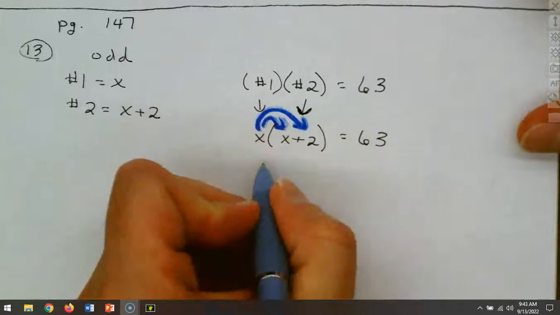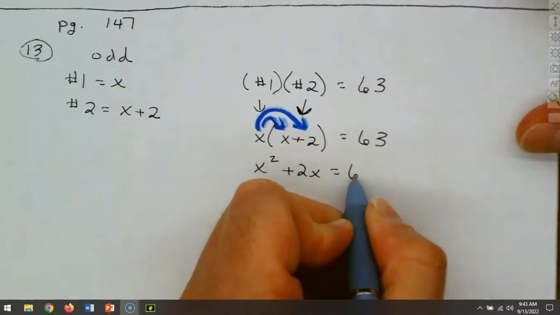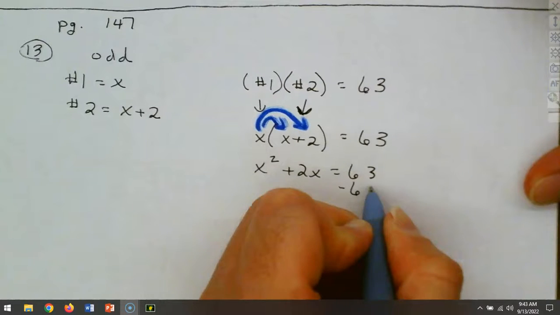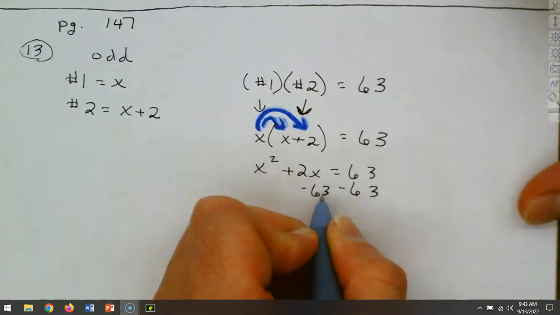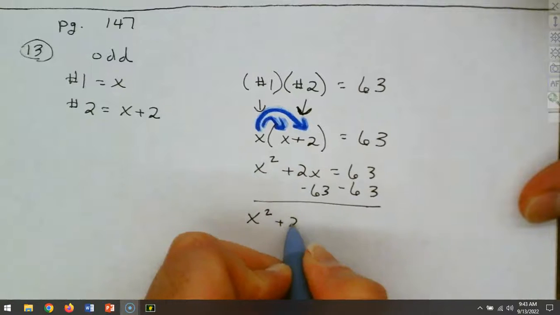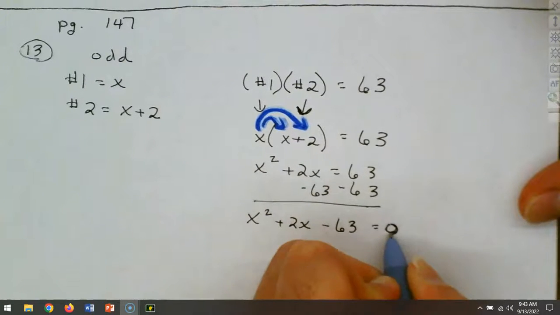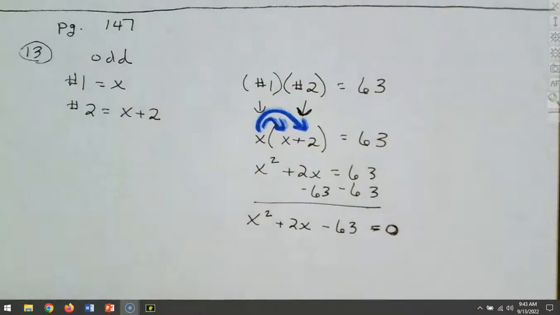That gives you x squared plus 2x equals 63. We'll move our 63 over, and now we've got x squared plus 2x minus 63 equals 0.